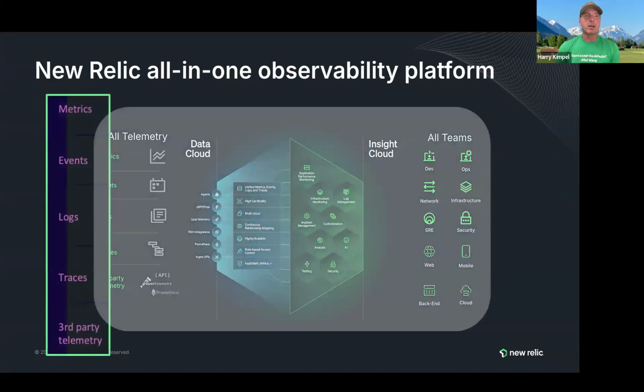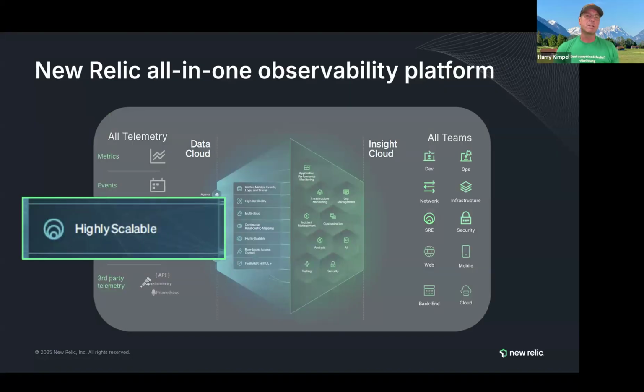The first one is, we support all different types of telemetry: metrics, events, logs, traces, or third-party telemetry. There's even APIs that you can use to ingest any kind of telemetry into the platform. So it's really open, and can handle a lot of different things, besides also OpenTelemetry, which I'll cover in a couple of minutes.